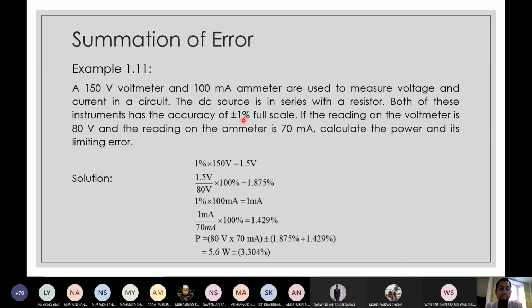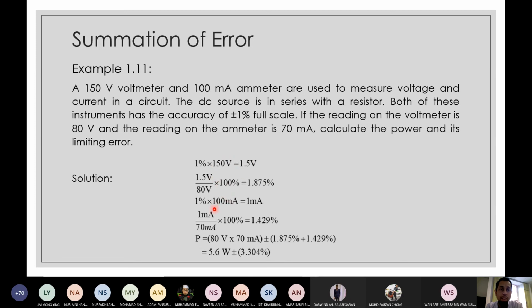So now we have a combination of a limiting error and summation of error. First we need to calculate 1% of the 150 volts, which is 1.5 volts. Then we divide by the measurement, 80 volts, to get 1.875%. This is for the voltmeter.